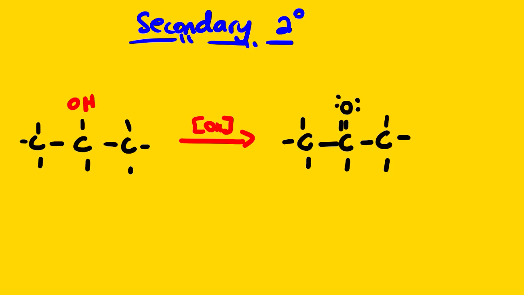So whenever we oxidize a secondary alcohol, you should know that we yield ketones. That is always the case.